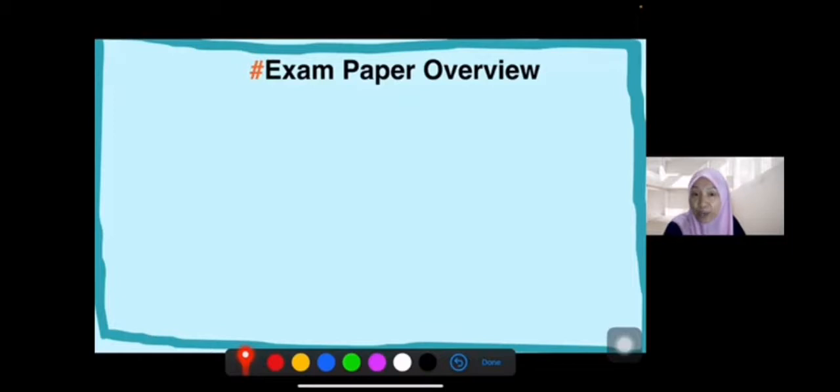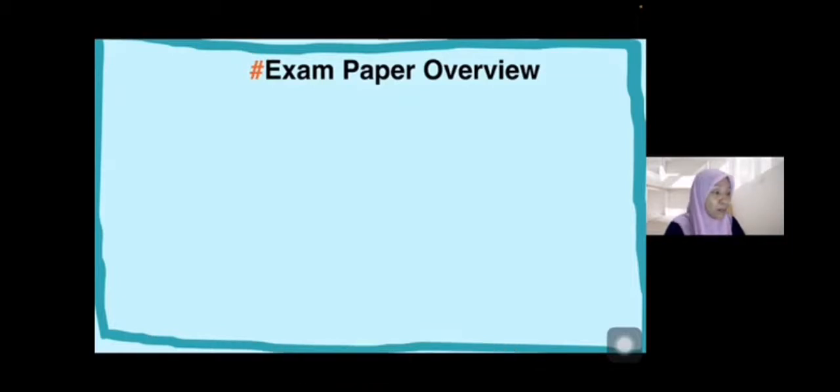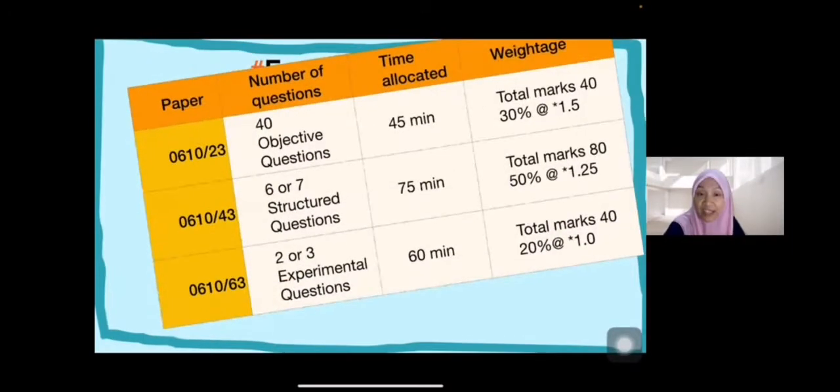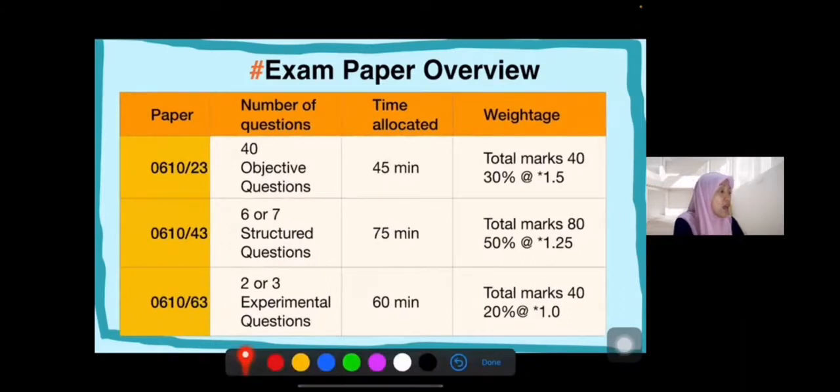Alright, this assessment overview you can find in page 7 of your syllabus. Okay, again, I will simplify the paper overview over here. As you can see, again, I state here, there is paper 0610/23. What is 2? 2 is the component code. What is 3? 3 is the variant.